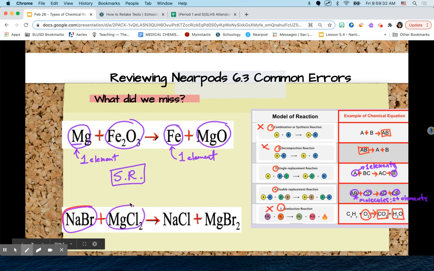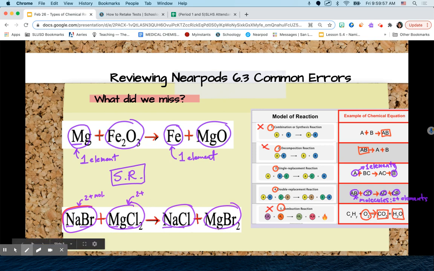One, two, three, four. I notice one capital letter N, one capital letter B, so I have two elements. So this is a molecule. Here I have a capital M, capital Cl, two elements, a molecule.